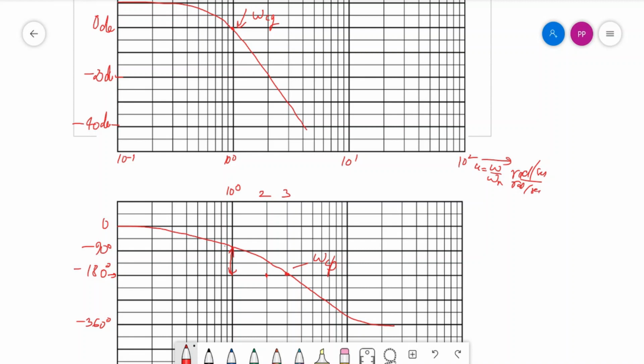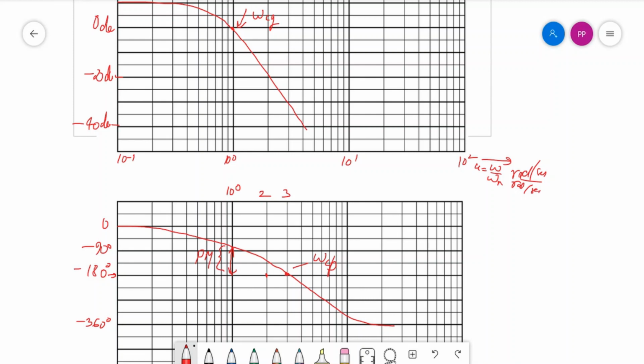So this is basically giving us the phase margin on the Bode phase plot, because at the gain crossover frequency, how much you are away from the verge of instability will be obtained by this, because the more the plot is away from the minus 180 degree line, the better is your relative stability.